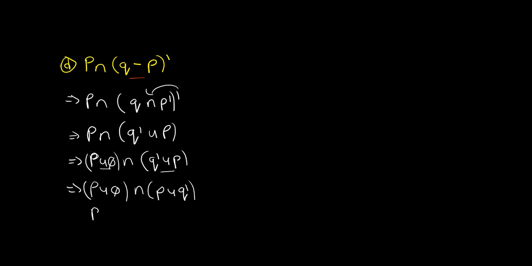What is common is P union, open bracket, empty set intersection Q. You can't intersect an empty set with a set, so inside there the empty set intersecting with Q will still give you the empty set.